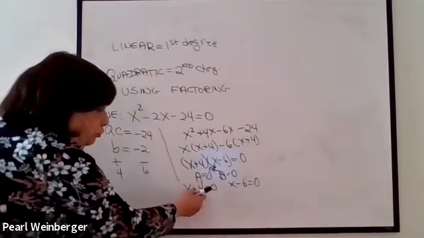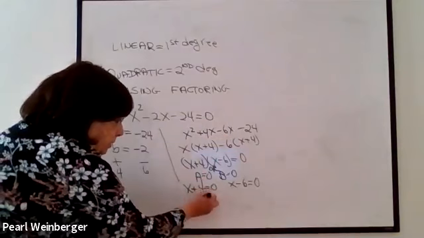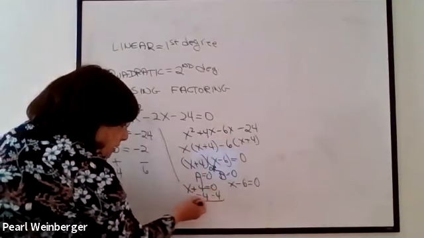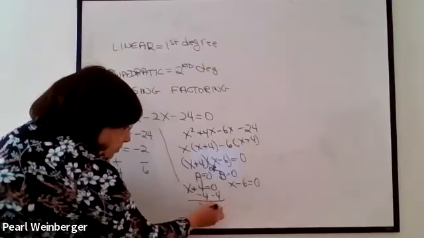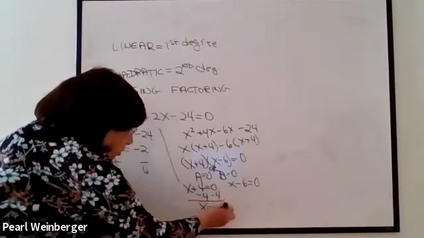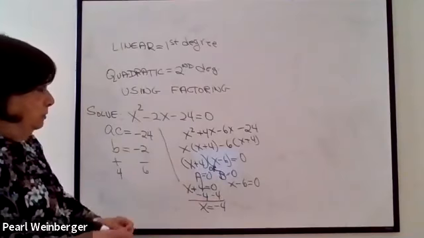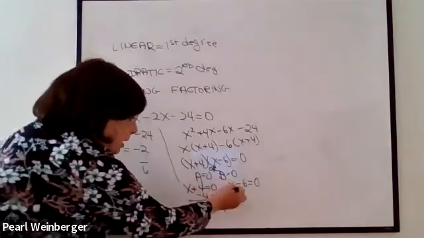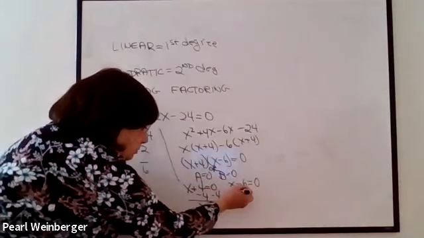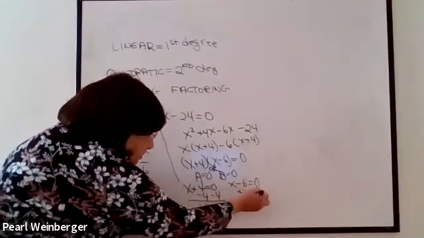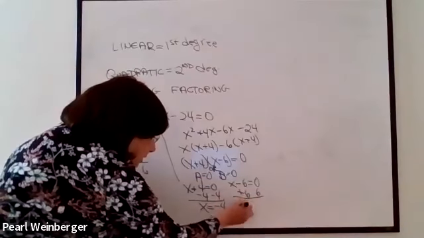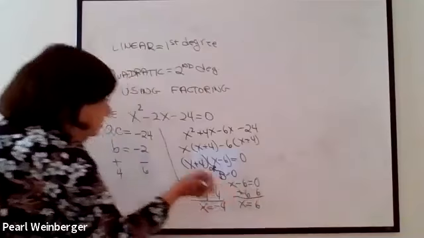Now, if x plus 4 equals 0, I can solve that by bringing the 4 to the other side, and that'll give me x equals -4 as one possible answer. And over here, when you have x minus 6 equals 0, you want to get the 6 to the other side, and you get x equals +6.